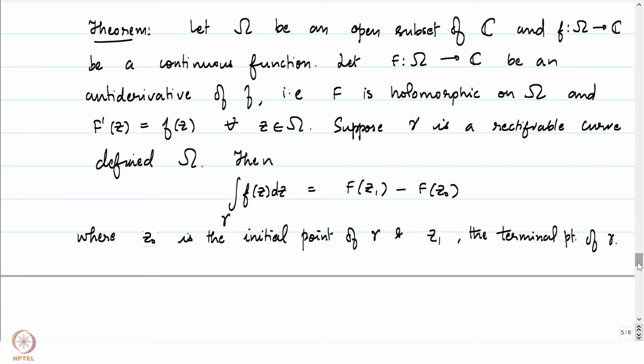Let's begin the proof by observing that we have only imposed the condition here that our curve gamma is rectifiable. So, if you recall from the previous lecture, if we put more regularity assumptions on our curve gamma, we will be able to get a better or an easily workable form of integral of f of z dz.